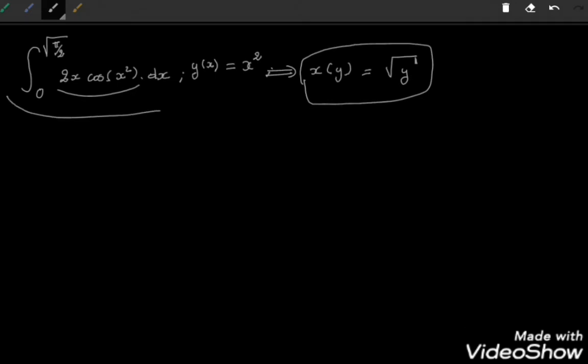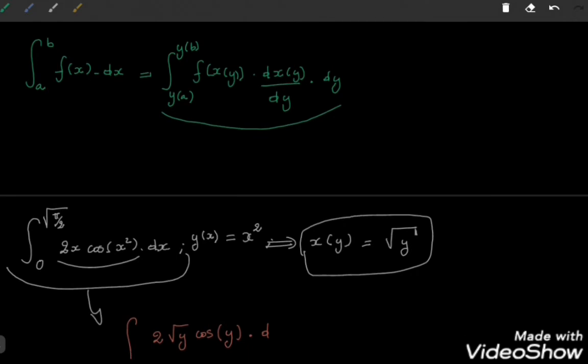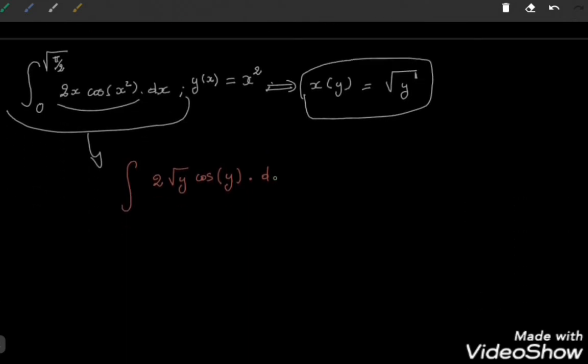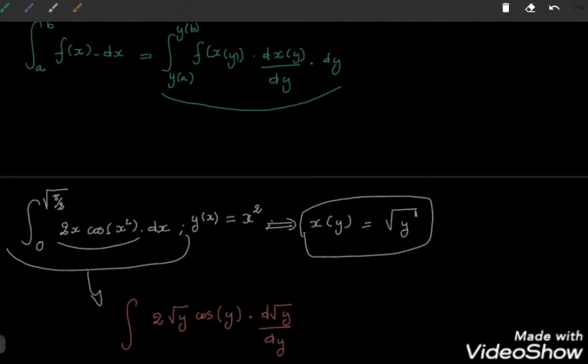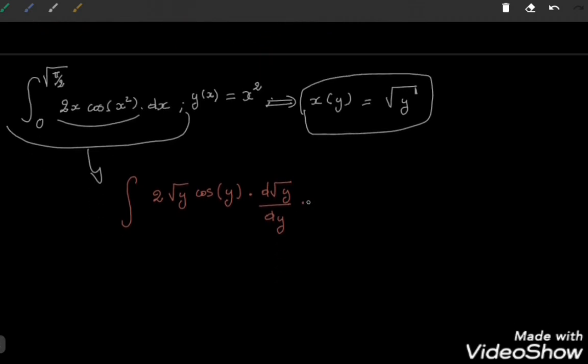So this becomes the integral of 2 square root of y cosine of, square root of y raised to the power of 2 is y, multiplied by d of x of y, which is d of square root of y divided by d of y, and multiplied by d of y.